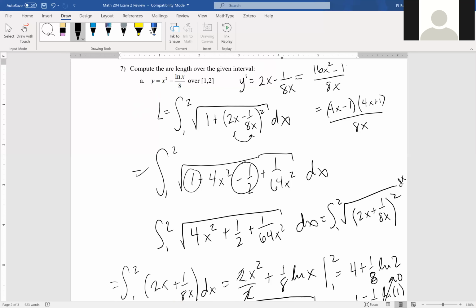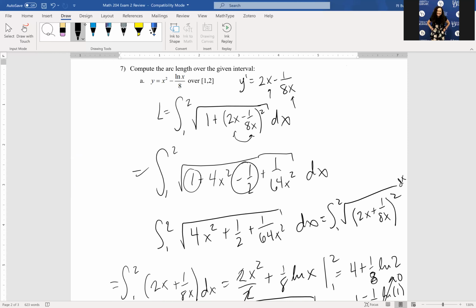It only works because of the format, right? This has an x and this has a 1 over x. So the two terms have to have the same number of x's, and one has to be in the numerator, one has to be in the denominator. That makes sense. Thank you.